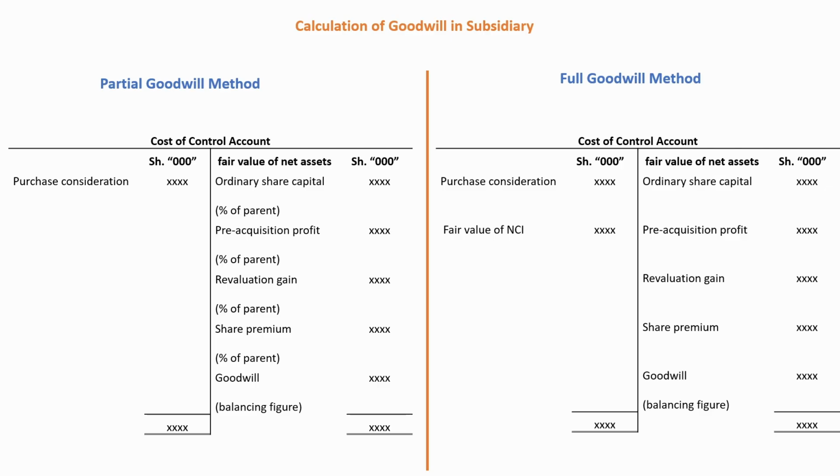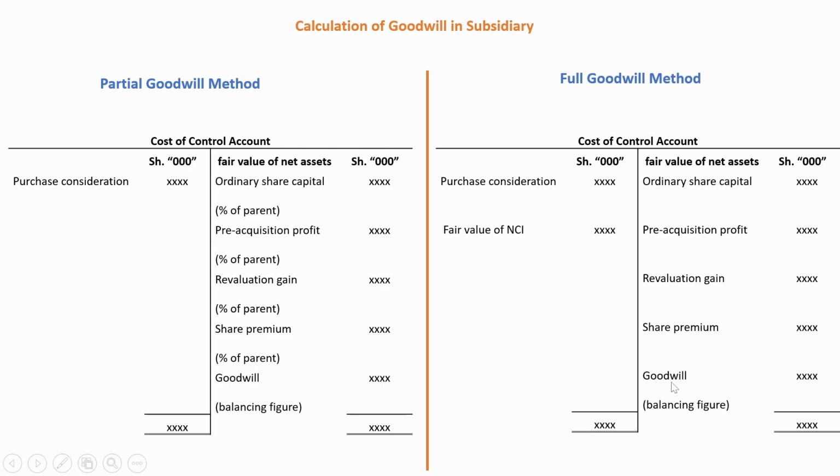So we take the equity and reserve items 100% without apportioning. So if the parent has acquired 80%, here we take ordinary share capital 100%. Everything, the same items we had here in the partial goodwill method, they are the same items we have here, but we don't multiply by the percentage of the parent.